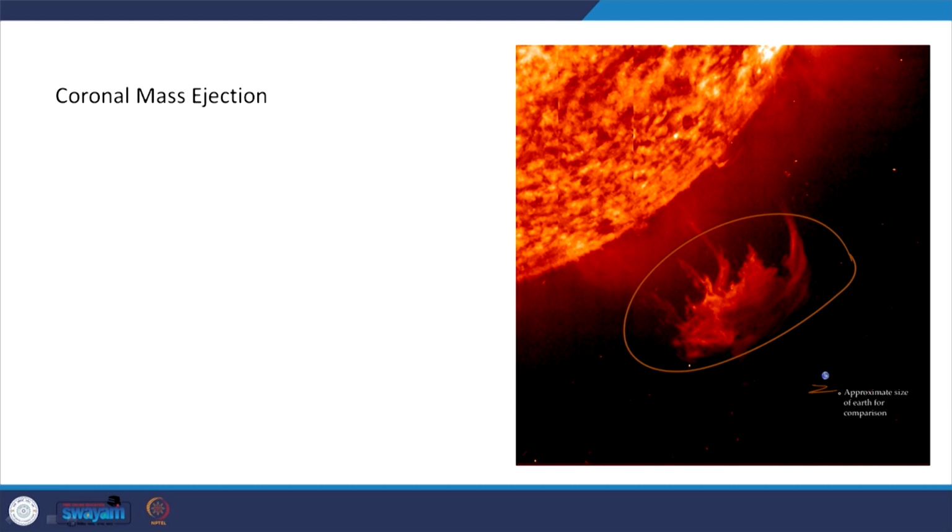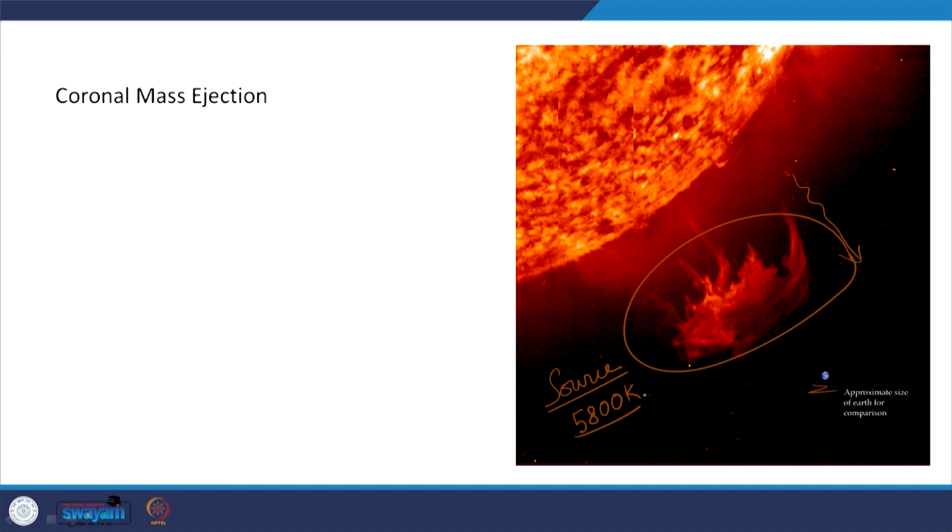Okay. Now, what is important from this discussion, if it has invoked your curiosity? We have already seen that the gravitational pull of the sun is very strong and the escape velocity is in hundreds of kilometers per second. So for the plasma to escape this gravitational pull, it needs a source of energy which is definitely not 5800 Kelvin.